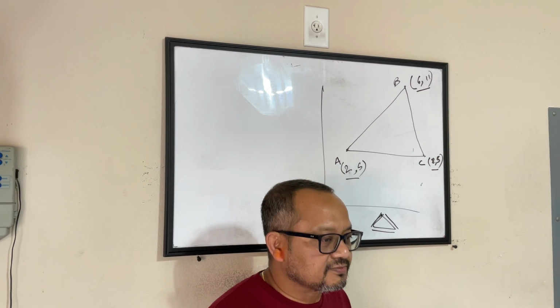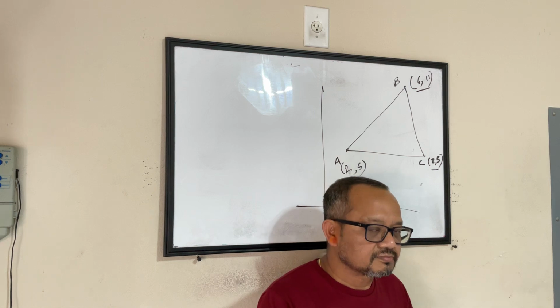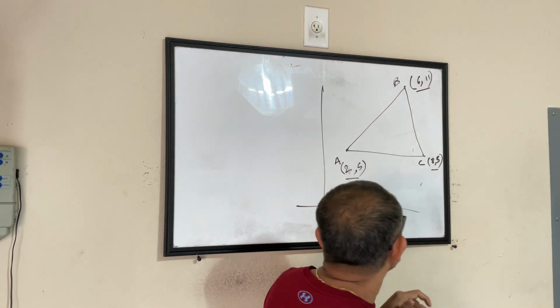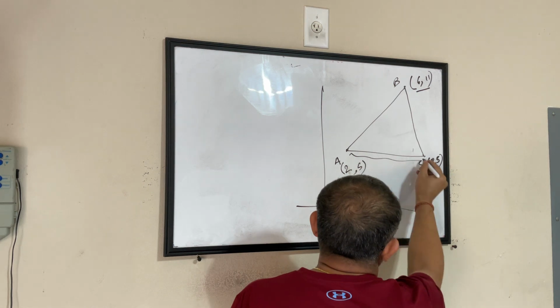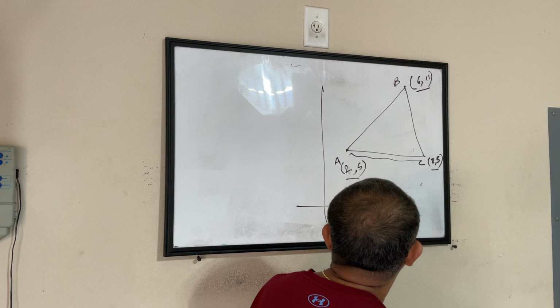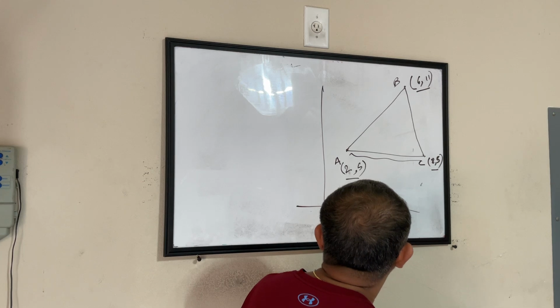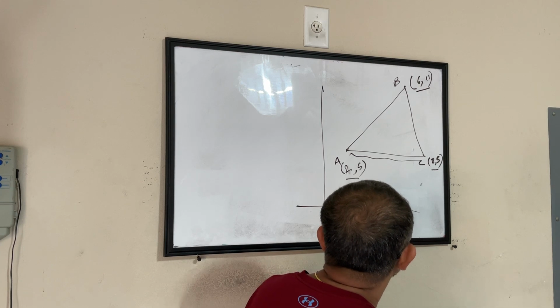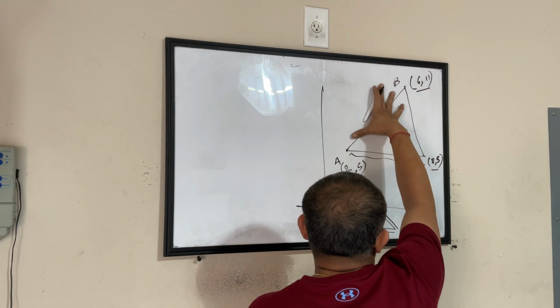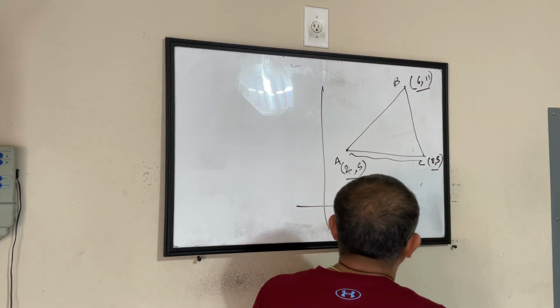Yes, Neha. Maybe I think you have to find the distance between A and C for the base, and then find the distance between A and B for the height, and then add them up and then divide them by 2. You're saying you'll find this length and you'll find this length and then add them and divide them by 2?